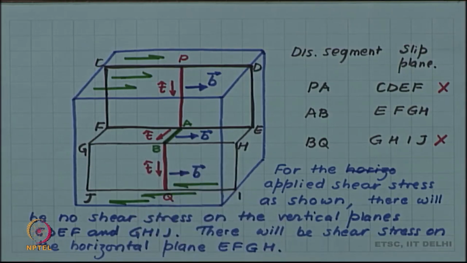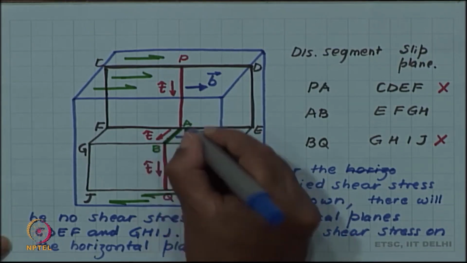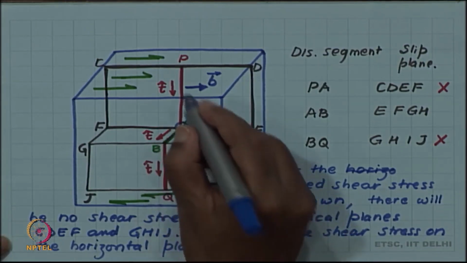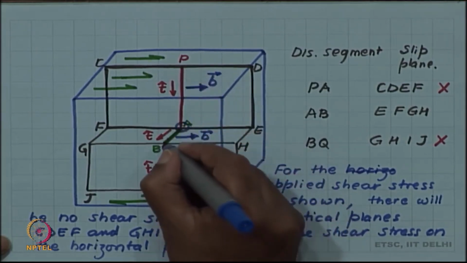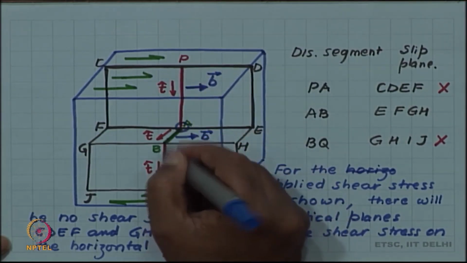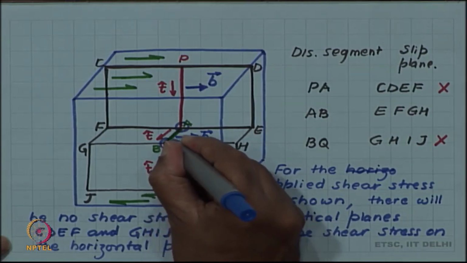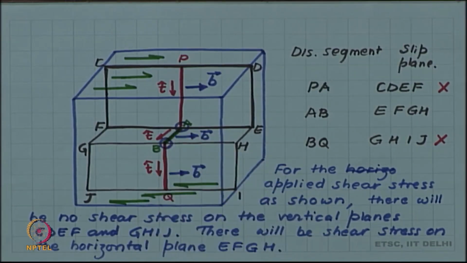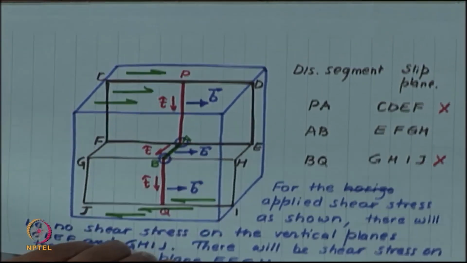So, effectively what will happen is that this dislocation line segment AB will be pinned at A and B, because PA is not trying to move and BQ is also not trying to move. So, A and B will act as pinning points on its slip plane, but the rest of the dislocation will try to move according to the applied stress.